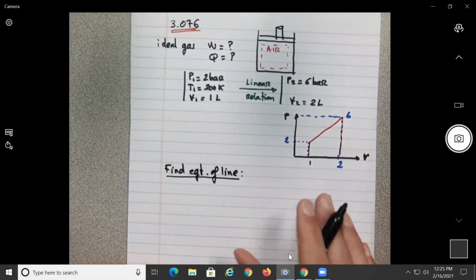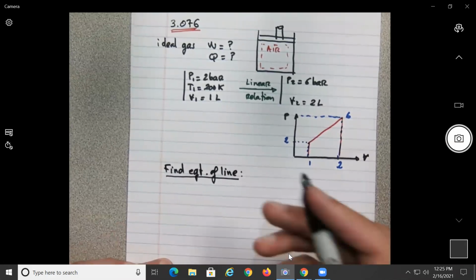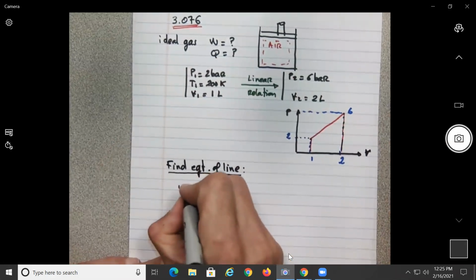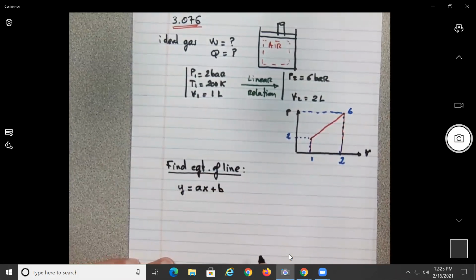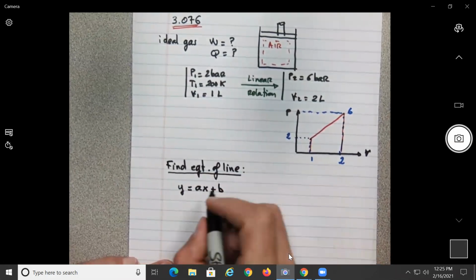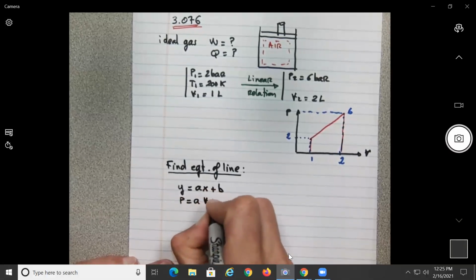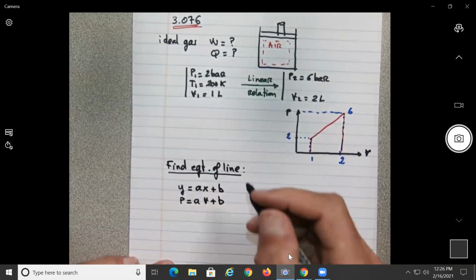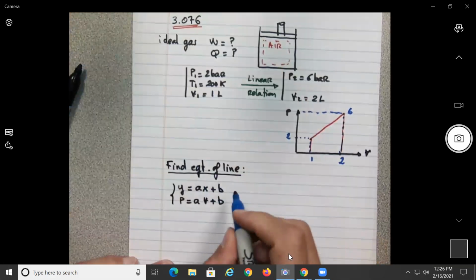In order to find the equation of the line, you need to know 2 points, correct? So let's do it mathematically. The equation of this line will be of the form ax plus b, or in our case, of the form p equal to a v plus b. So we need to know 2 points. What are 2 points that we know?